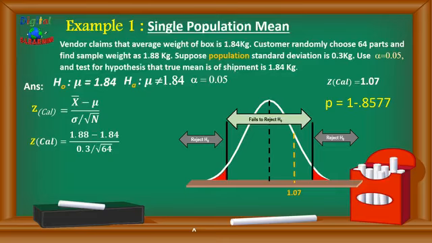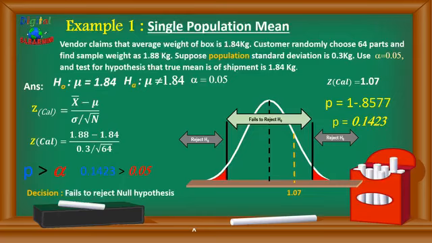Since the normal distribution is symmetrical, the area to the right of the curve is equal to that of the left. That is why we calculate 1 minus 0.85, and we get P as 0.1423. So in this case, my P is greater than alpha, that is 0.1423 is greater than 0.05. Since P is more than the significance level, the decision will be to fail to reject my null hypothesis here. So this is how we do it based on P value.